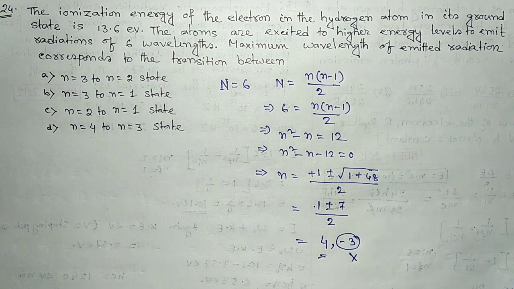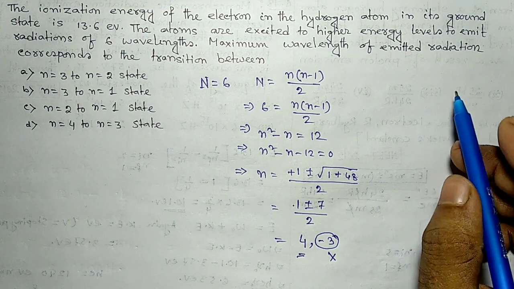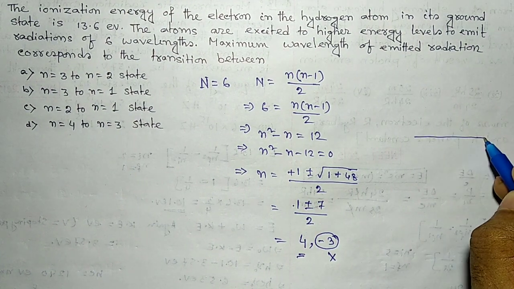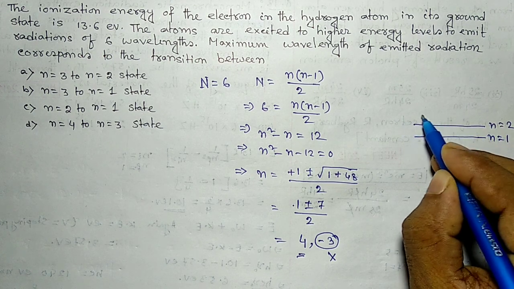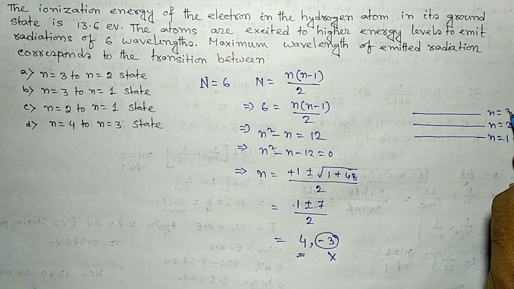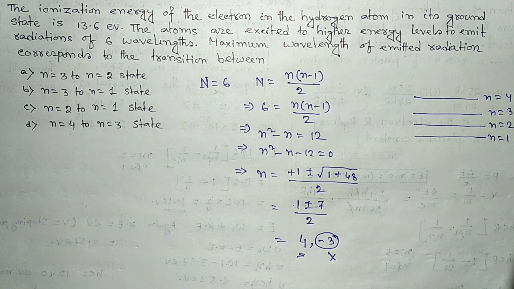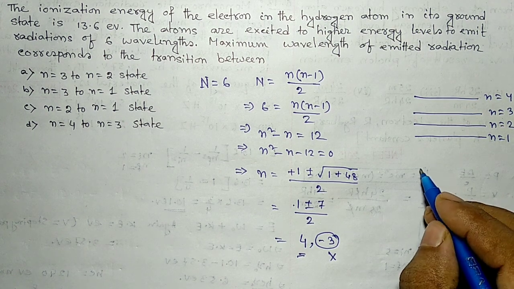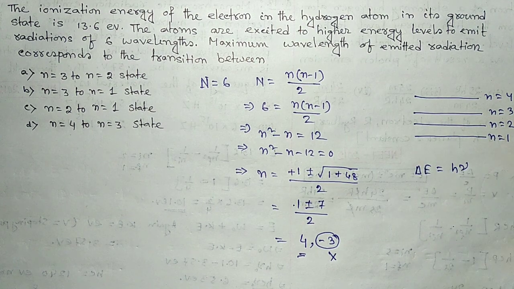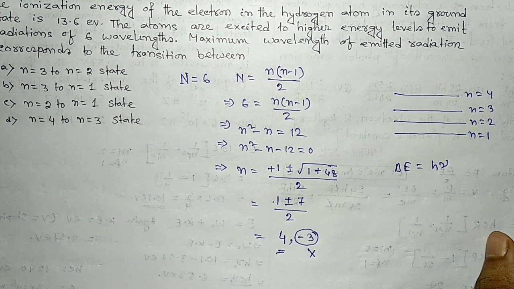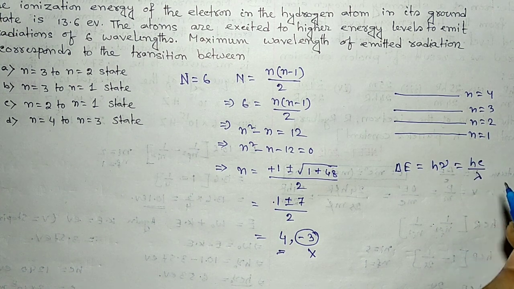Now it is the energy level: n = 1, n = 2, n = 3, n = 4. Now delta E is equal to h nu, it is equal to hc divided by lambda.